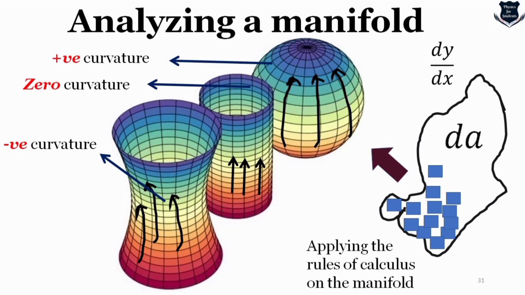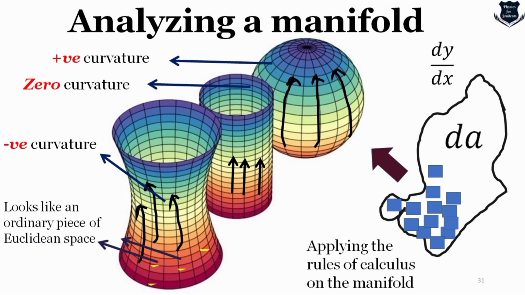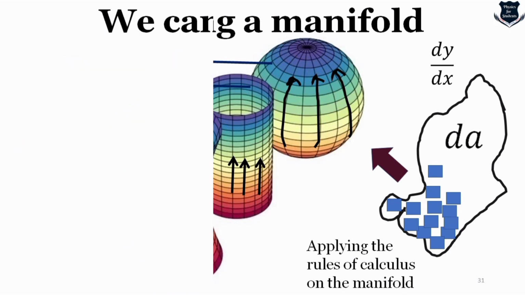You see that on the left hand side, all these figures have very, very small boxes, and these boxes are where our differential calculus is being used. Note here, it looks like an ordinary piece, which is a Euclidean space. These yellow marks at the left hand side bottom are all Euclidean spaces.